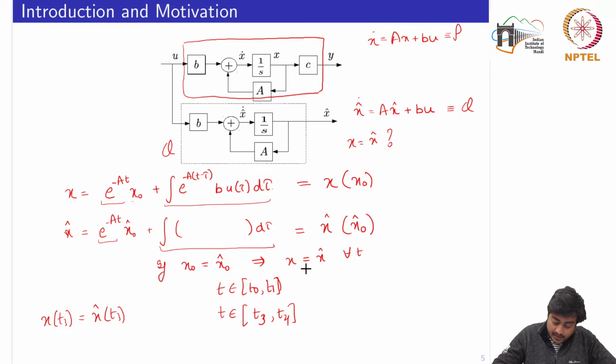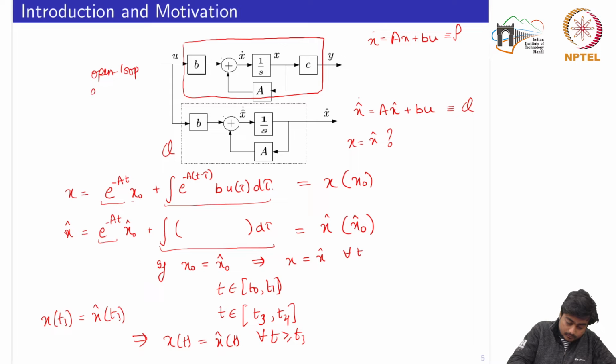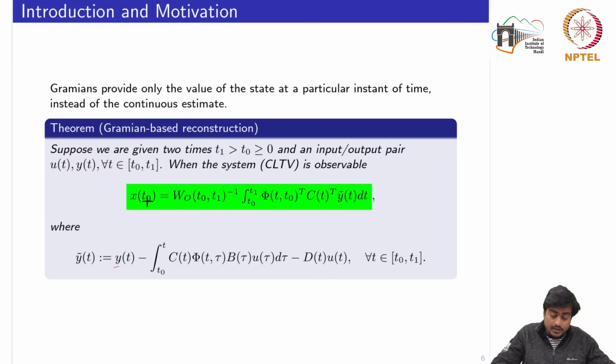If this condition is satisfied, then this implies that x of t becomes equal to x hat of t for all t greater than or equal to t3. Right? So if I use this kind of estimator, which we also call an open loop estimator, every time I need to compute this Gramian to compute the value of x hat at that time instant.